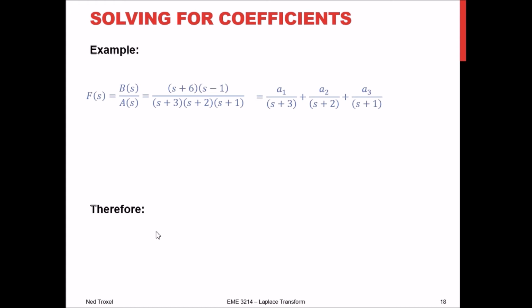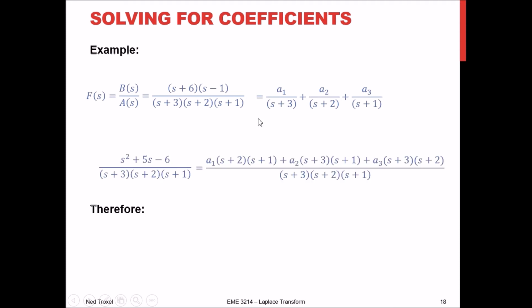Okay. I can rewrite that as follows. I have three coefficients, a1, a2, a3. And then those are their denominators. This is how you do the partial fraction expansion.